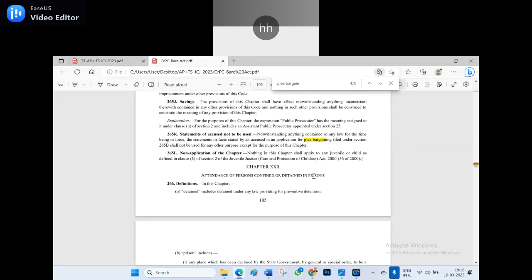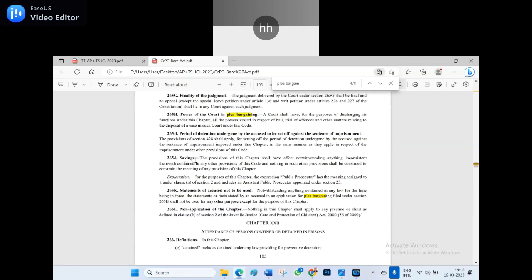Compare, match the following or mismatch. 265J I say savings and 265K I give the statement, then I mismatch it.